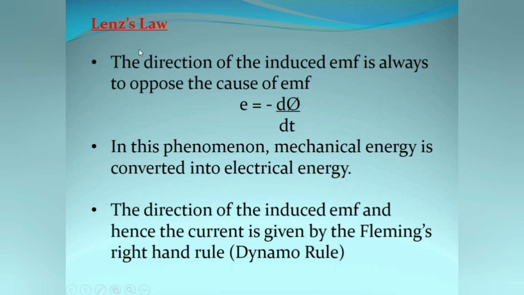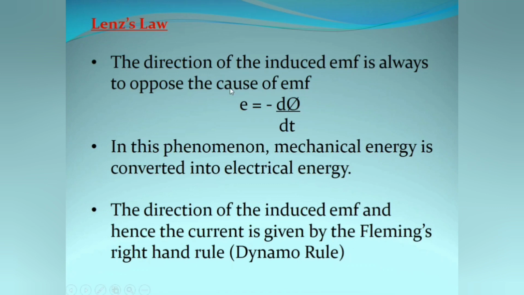Now, this is Lenz's law. From Faraday's law, we came to know the magnitude of induced EMF, how to generate induced EMF. Now, this is the direction of induced EMF. That polarity or direction of induced EMF is given by Lenz's law. The direction of induced EMF is always to oppose the cause of EMF. That means whatever induced EMF takes place in the coil, it is only because of changing magnetic flux.